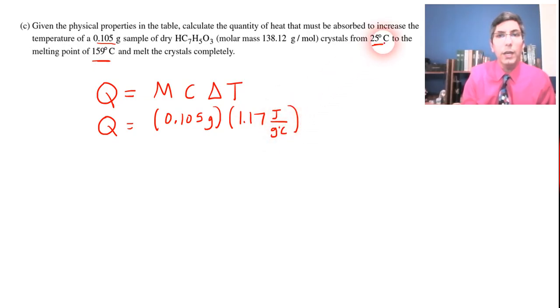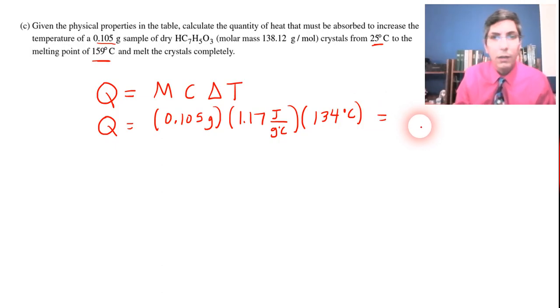And then the delta T from 25 degrees Celsius to 159 degrees Celsius, if my math is right, that's about 134 degrees Celsius that we're actually raising that temperature by. So when we multiply these across, it looks like it's going to take 16.5 joules in order to raise the temperature to that level.